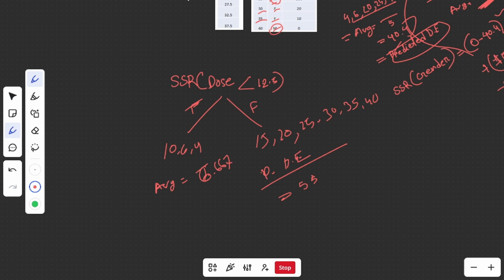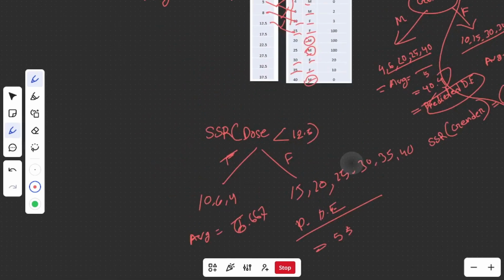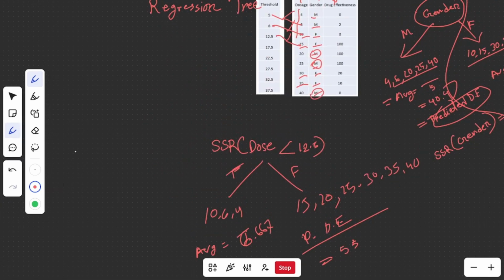Now the same way we will count the SSR. Dose less than 12.5 will be 10, 6, 4.